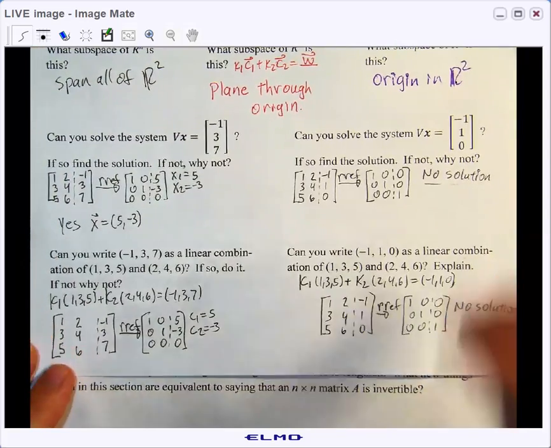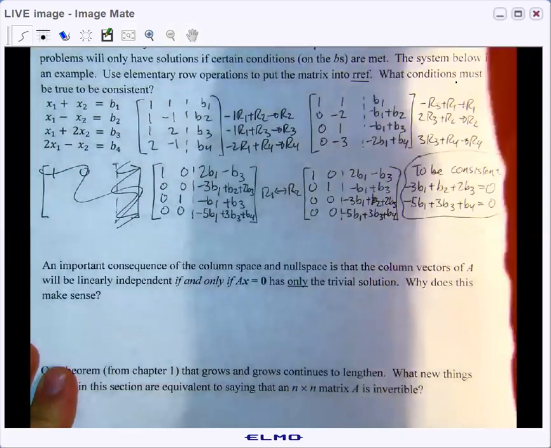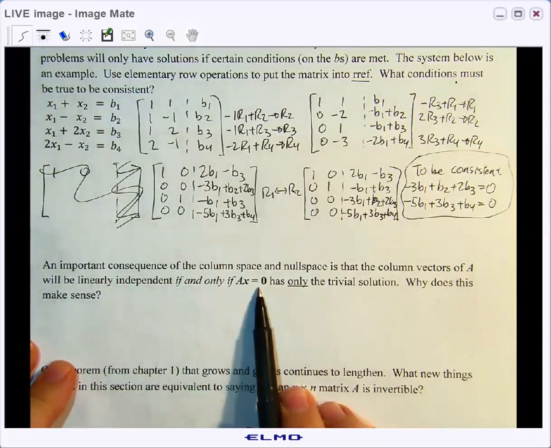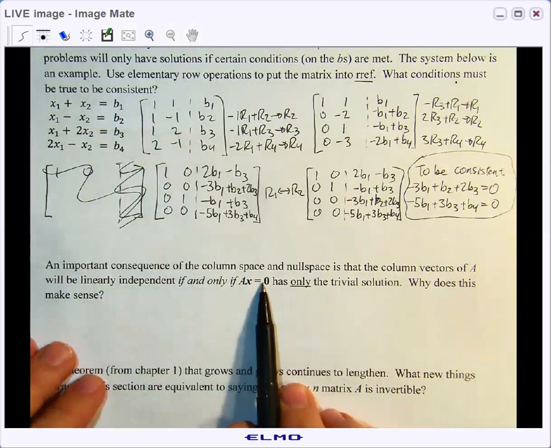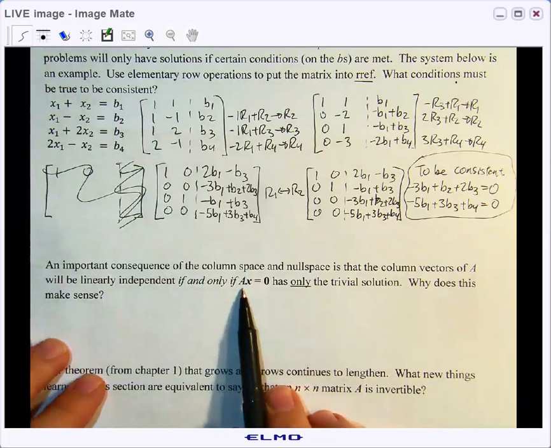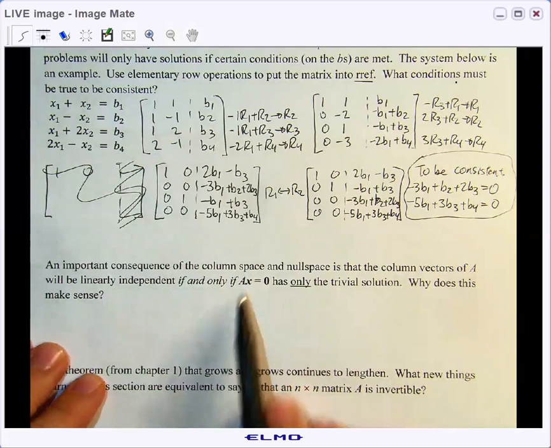Now, obviously, if we're looking at AX equals 0, then if X is the 0 vector, of course that's going to have a solution. But what we want to do is see if it has any other solutions.